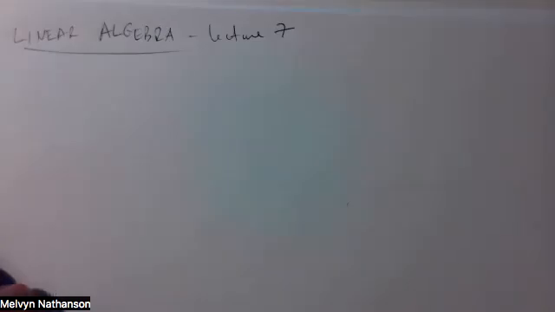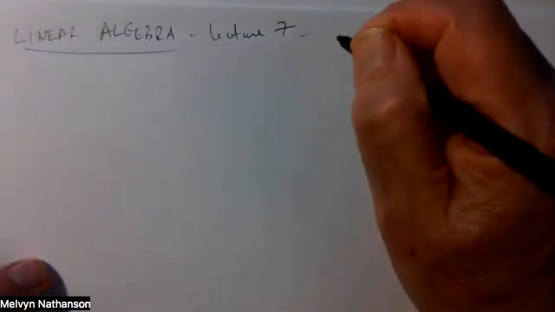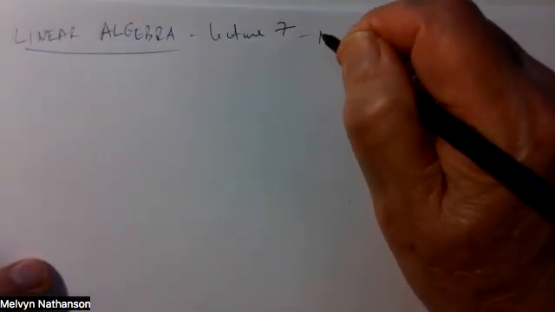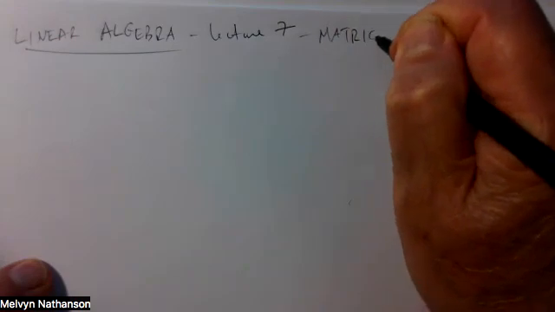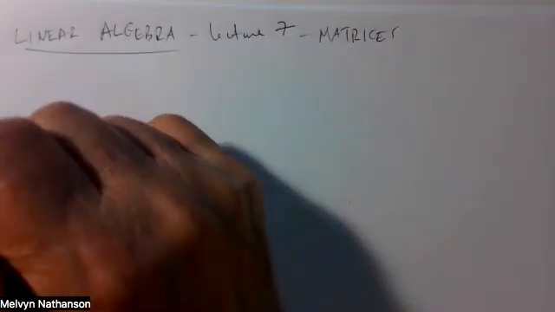So this is Linear Algebra Lecture 7, and we're talking now about Chapter 2, which is on matrices.